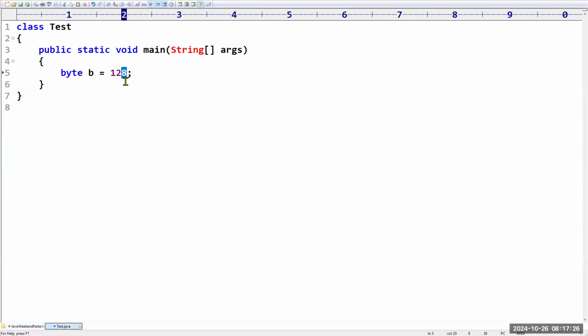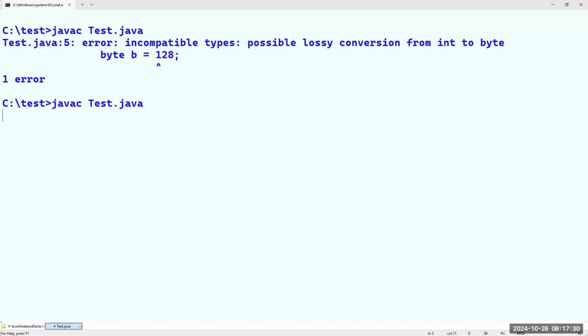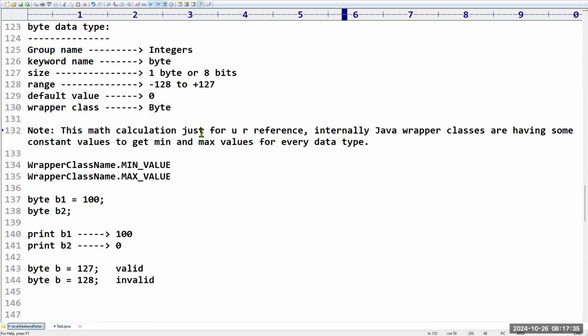Sir, if you take 127, is it going to allow? Yes, happily it is going to allow. There is no problem. Sir, understood? If you are clear with this byte data type, I will move to the next. Any questions?